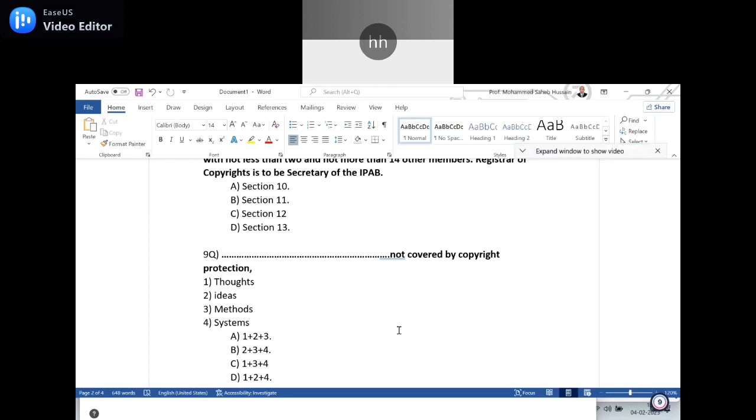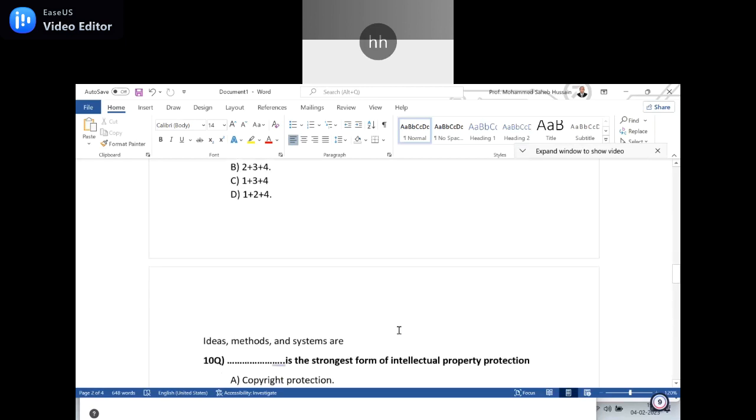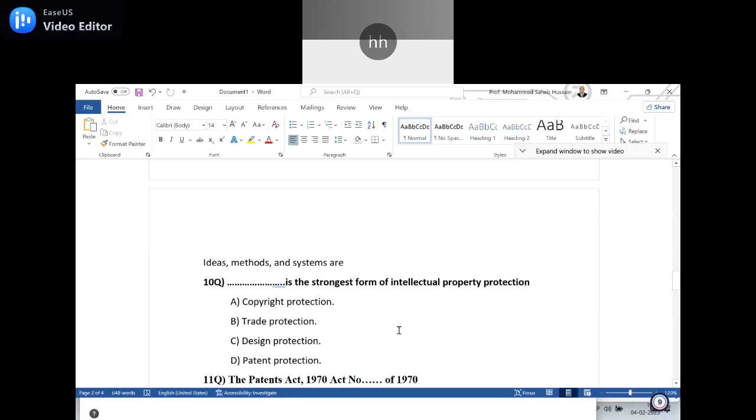Others are not covered by the Copyright Act. Even ideas, how could we not make it out? But in there it is not given thoughts. Ideas, methods and systems are not covered by it. I don't know whether thoughts are covered or not. But anyway, we have to pick from the given options.